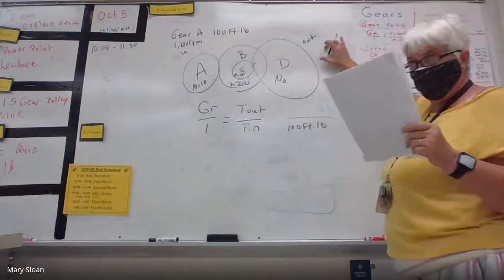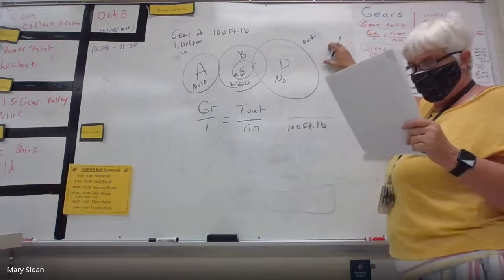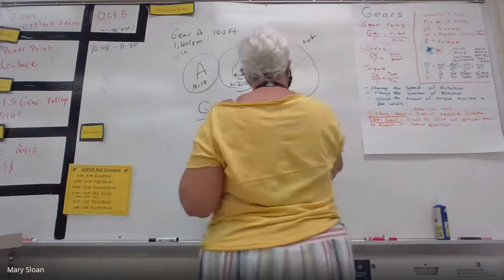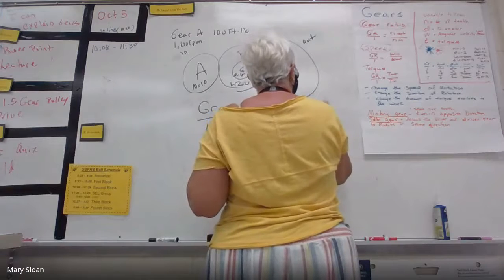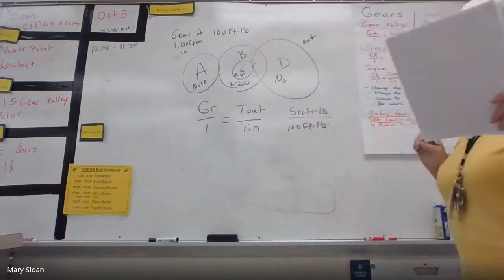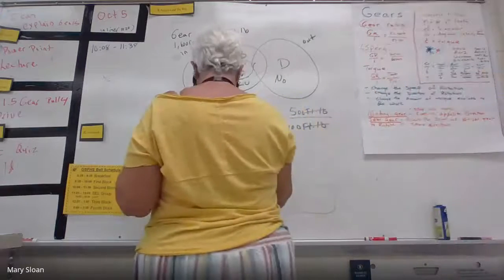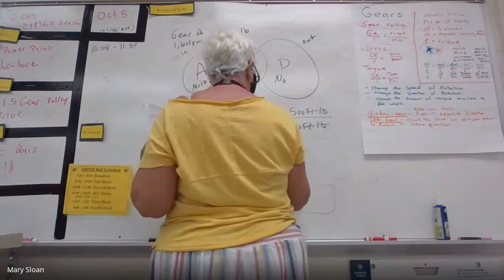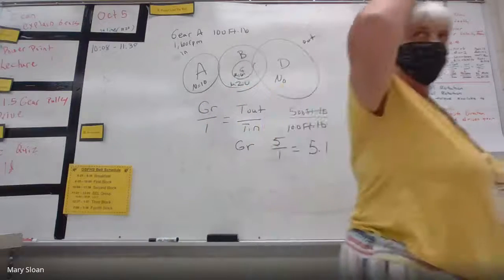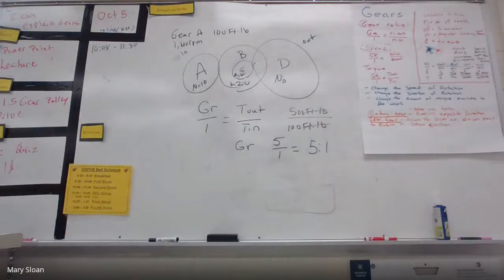What is my torque out? Correct, 500 feet per pound. Okay? We divide those, what do we get? Okay, so my gear ratio is 5 over 1, which would be a 5 to 1 ratio. Is this starting to make sense?